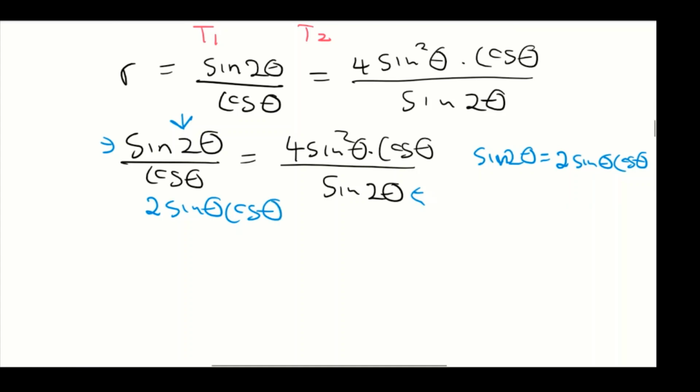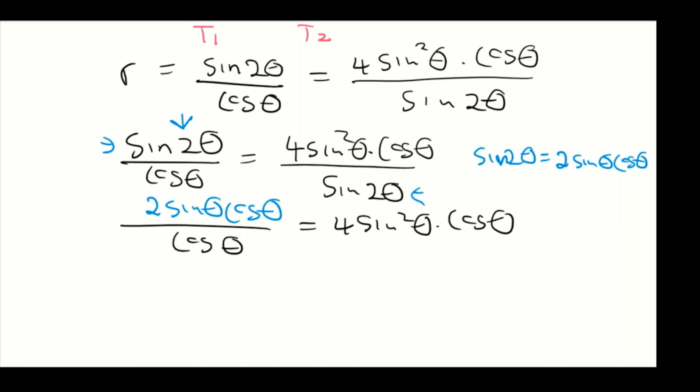Then you divide with your cos of theta, being equals to 4 sine squared theta multiplied by cos of theta, divided by your 2 sine theta cos theta. Remember this, same as this one. So now you'll be able to solve your problem.